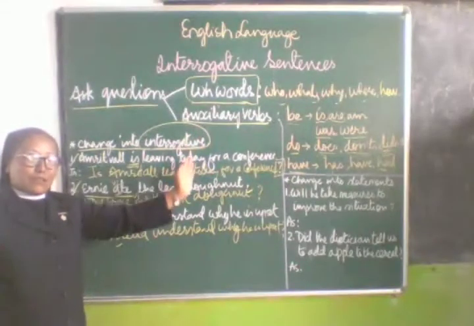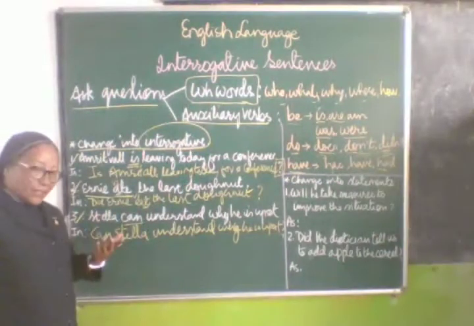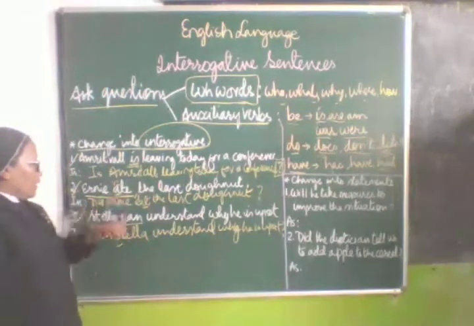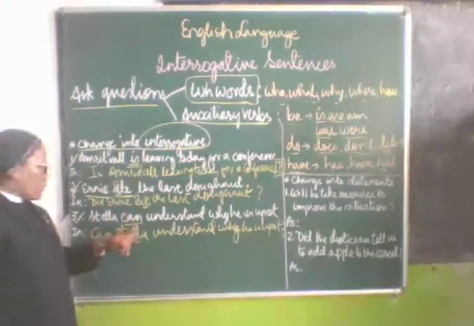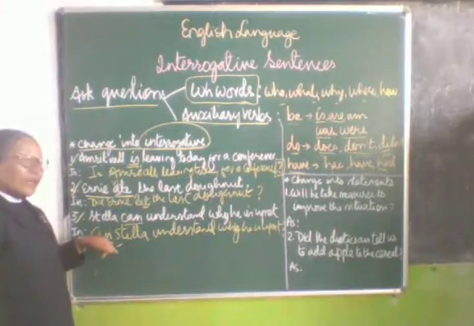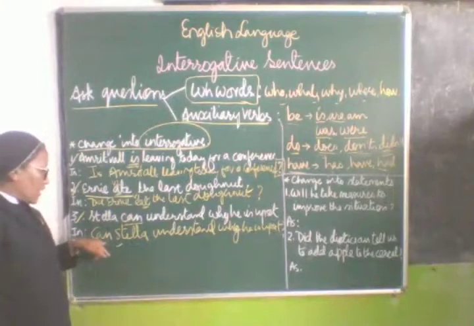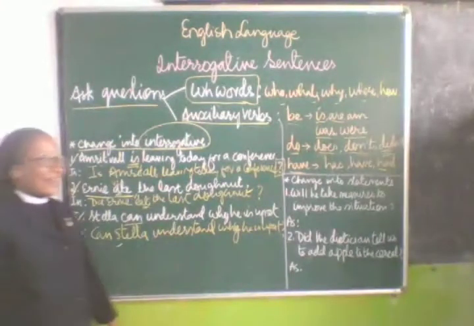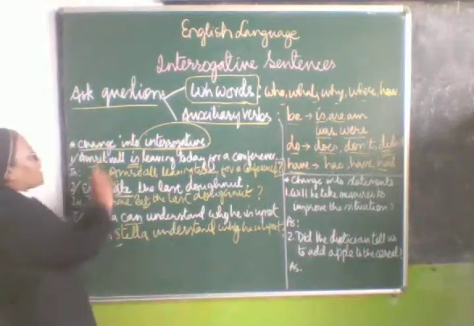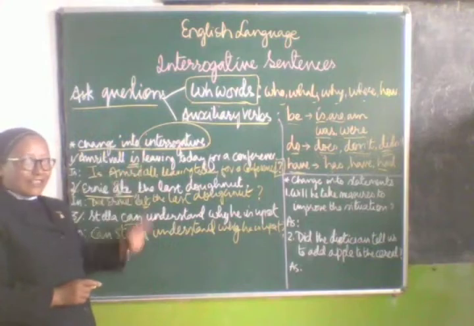If it is not negative, then only did I will be using. So here is a modal can, which is also a helping verb. So with this help, I'm turning this sentence into interrogative. Can Stella understand why he is upset? All right. So this is a statement into interrogative, an affirmative sentence into interrogative.